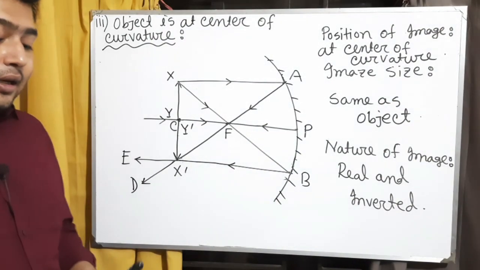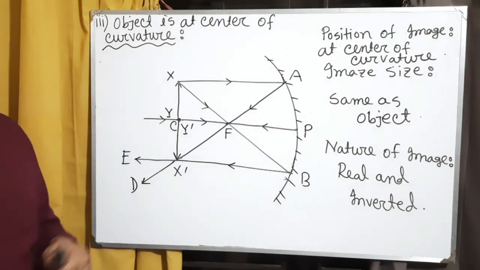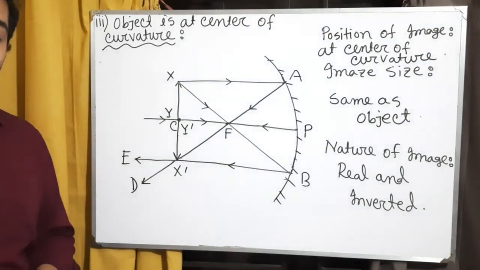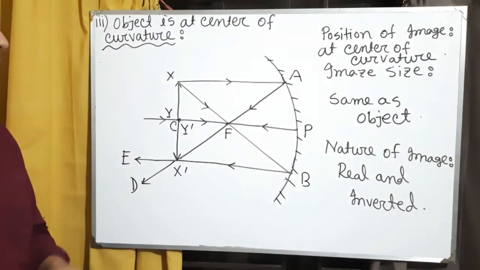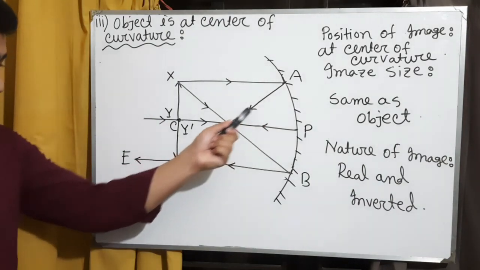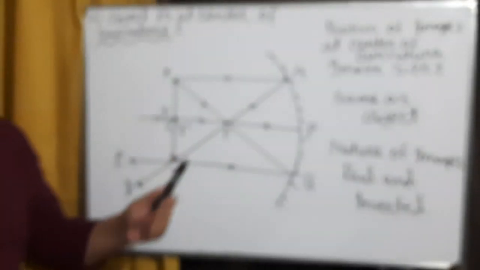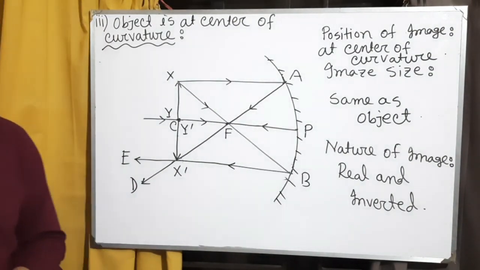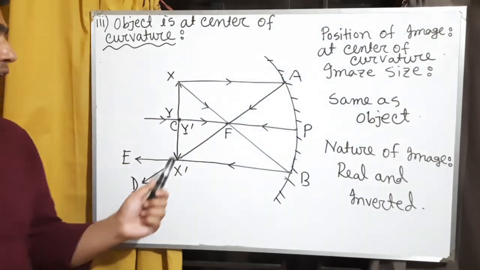Now the ray emerging from X, XA, will go through the focal point F after reflection.